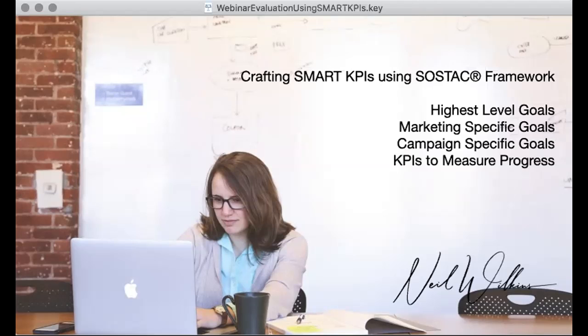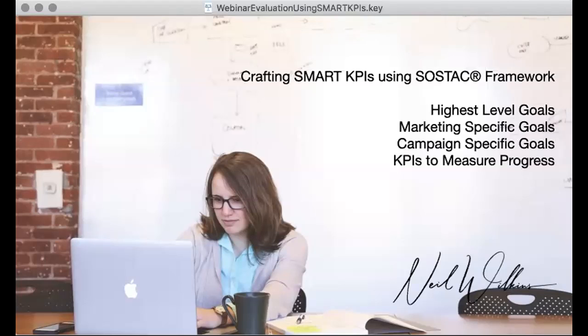I'd then underneath that set some marketing specific goals that support those highest level goals, a subset of them. Underneath the marketing specific goals, I'll have probably a number of campaign or project specific goals that underpin my marketing specific goals. So they're the next level down.